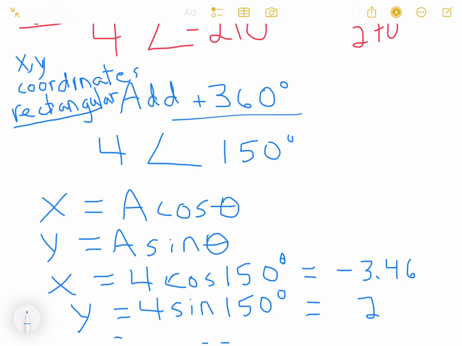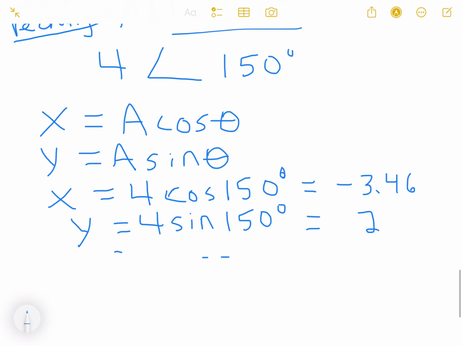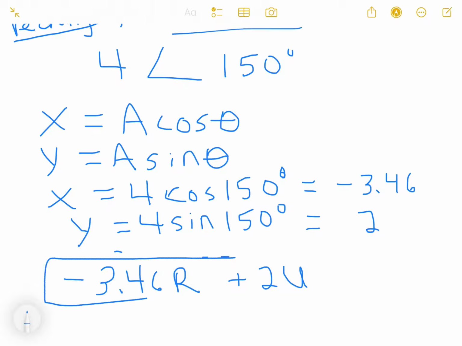So you can leave your answers like this, which is perfectly fine. But instead, people like to specify what this is, saying minus 3.46 r to say that it's going backwards to the right, and then plus 2 up, so I'm going up 2. That would be the measurement of my vector there.